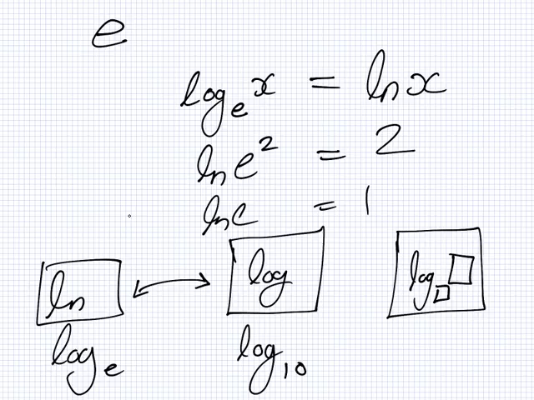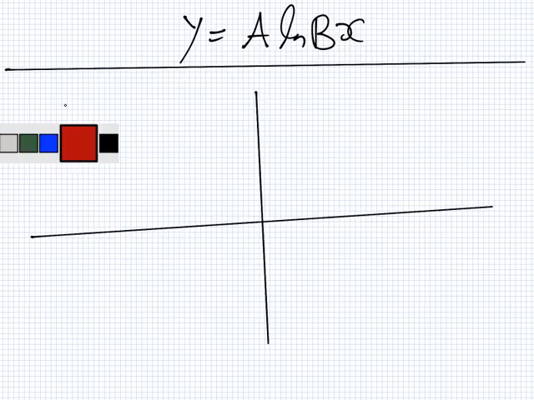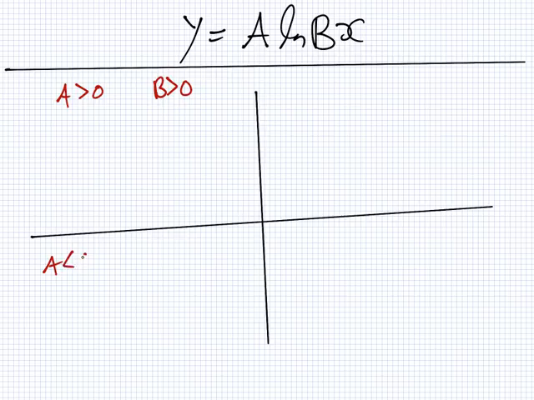A is positive, B is positive, A is negative, B is positive, A is positive, B is negative, A is negative, B is negative. Okay, first one. Graph looks like this.